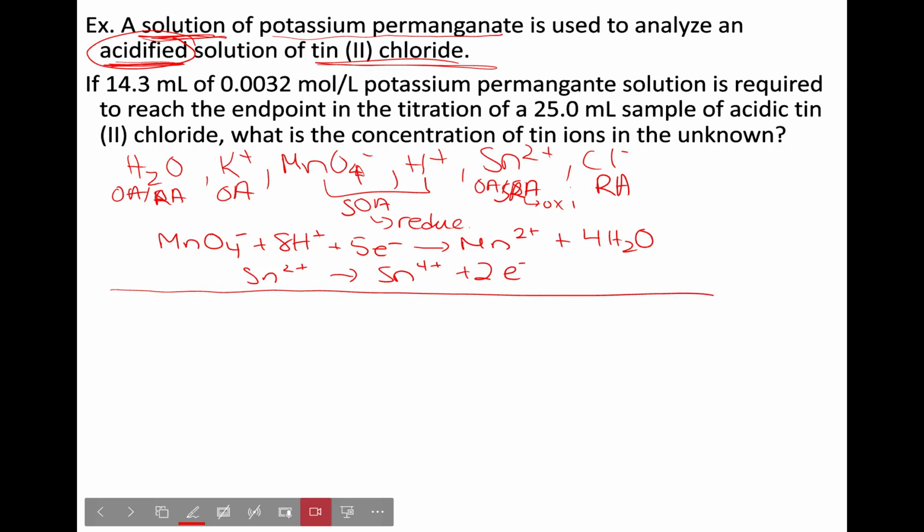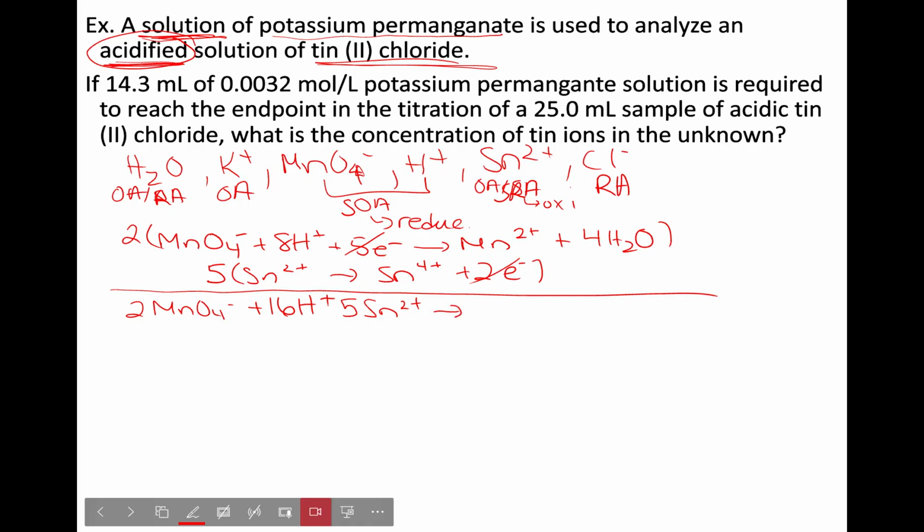Then to add these two reactions together, we'll have to multiply the first half reaction by 2 and the second one by 5. So we'll have 2 MnO4 negative plus 16 hydrogens. The electrons would end up getting canceled. There'll be 10 on each side. So moving on to the second half reaction, 5 Sn2 positive.